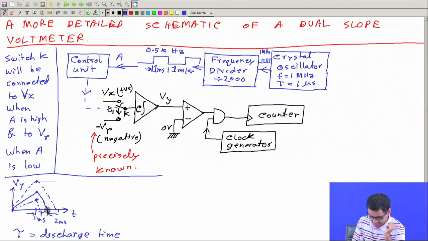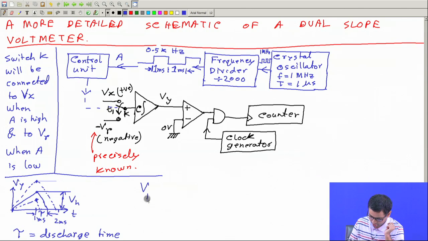So this solid one is a particular case, that is a particular value of Vx. So what is this height? Call this height VH.